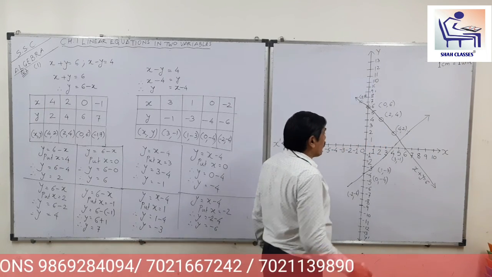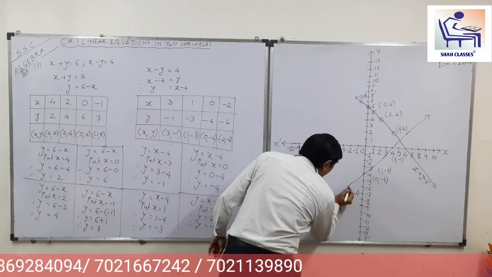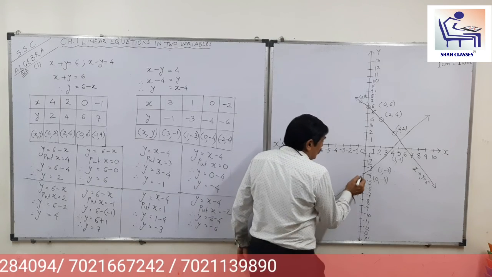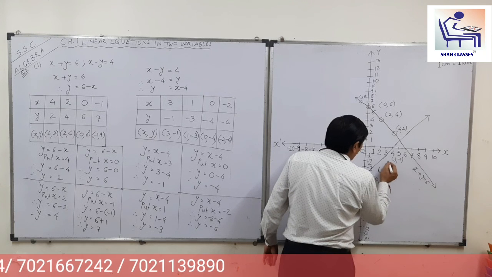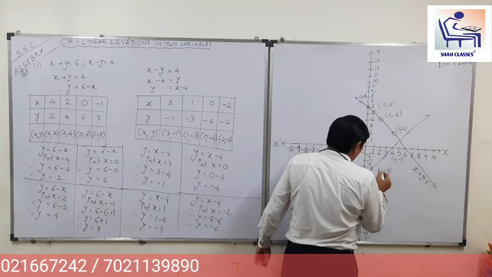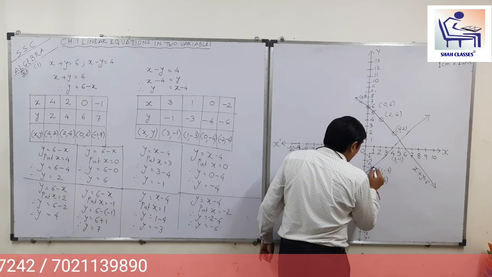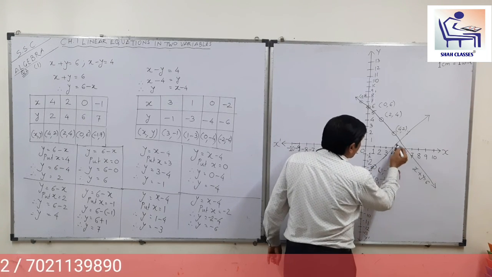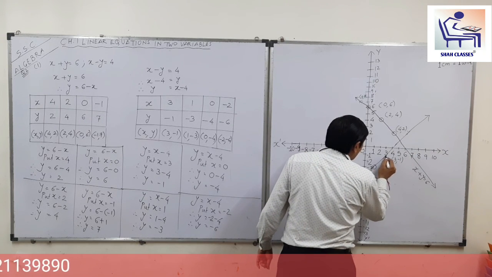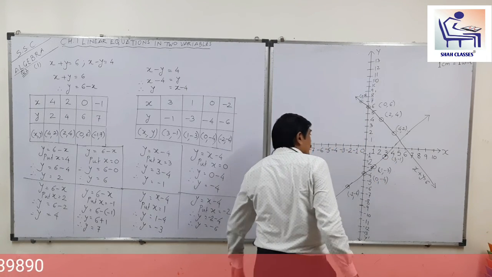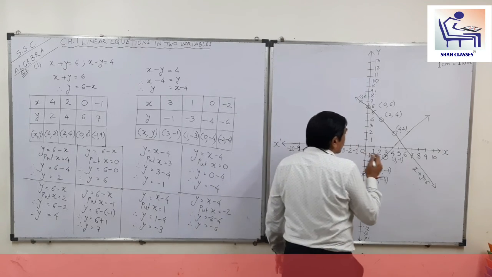Now it's passing through all your points. Please draw arrows and put a circle. 0, minus 4 is your point. 1, minus 3 and the rest, 3, minus 1. This is your fourth point. And now we have to see the point of intersection.